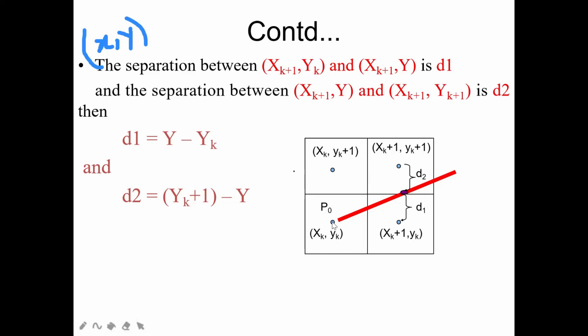Now if I'm increasing the x coordinate, then I have to do plus 1. If I'm increasing in the x interval, then my value will be xk plus 1, and yk will be constant. So this is my other value.